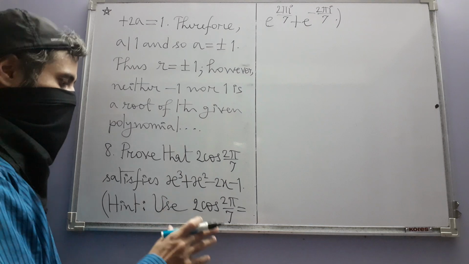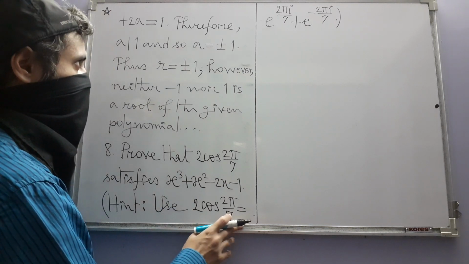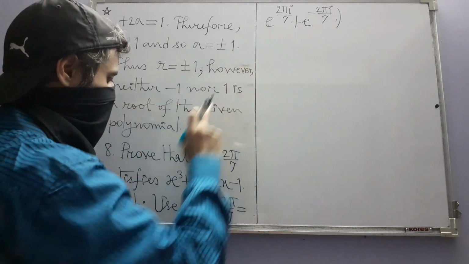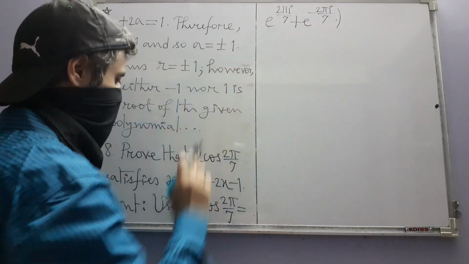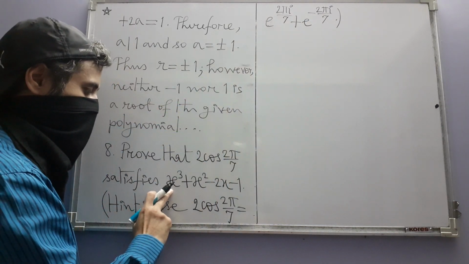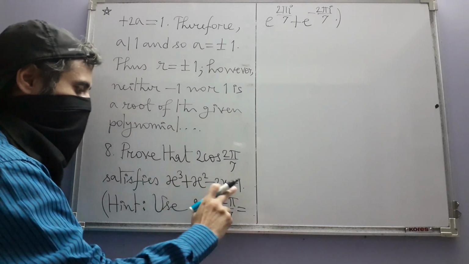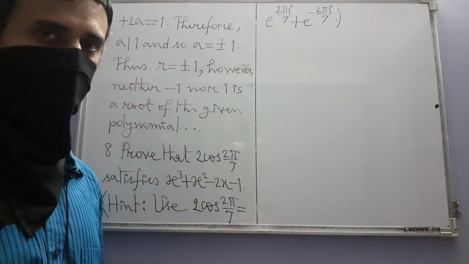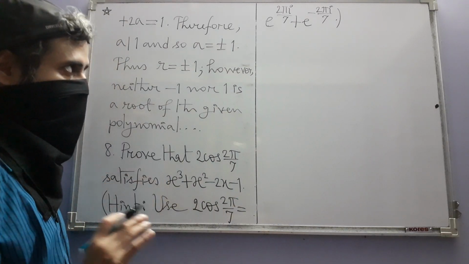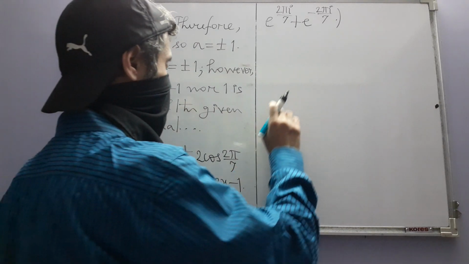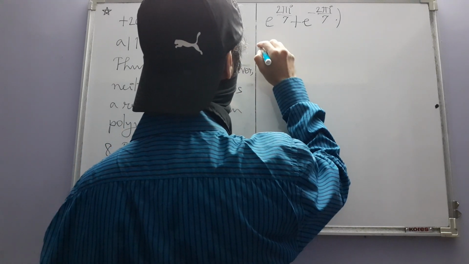So what the author is asking us is to use this expression and use this complex number in place of x here and calculate the value of the polynomial, that is expand doing all those things. We however will not do that, okay? Instead we will do something else.